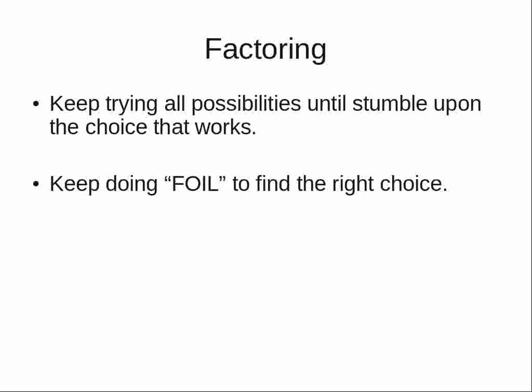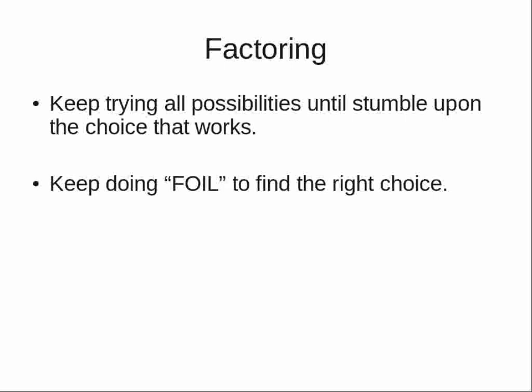When you have a quadratic, you want to keep trying all the possibilities until you stumble upon the choice that works. All right. You will need to find a pair of integers that multiply to give the left coefficient, the number on the left. You'll have to find a pair of integers that multiply to give the right coefficient, the number on the right. Okay? You know that you've found the correct pairs when you expand it, when you do FOIL and you get the correct middle term.